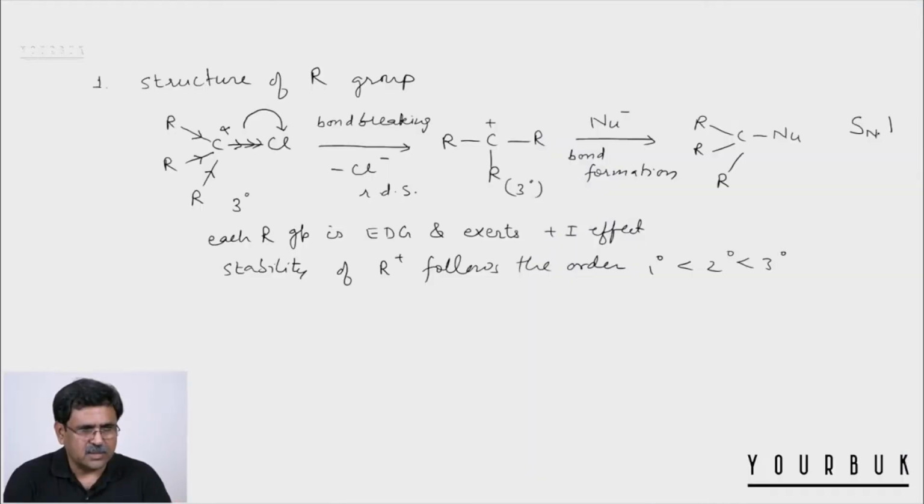Now one more reason is there. If you look at the 3 degree alkyl halide, it is highly crowded. So this 3 degree alkyl halide is under strain, under tension, and in order to relieve the strain, it gives away Cl minus very easily and forms a carbocation. Right? So 3 degree always undergoes SN1.